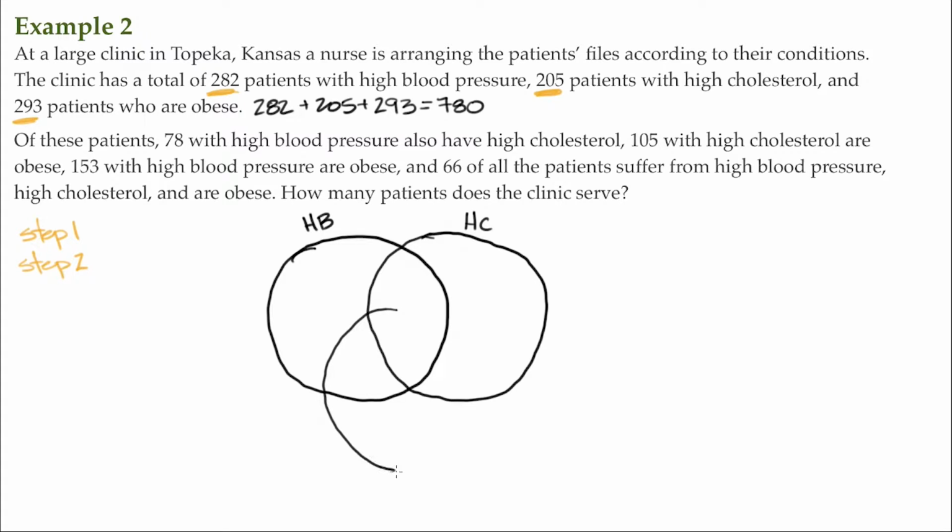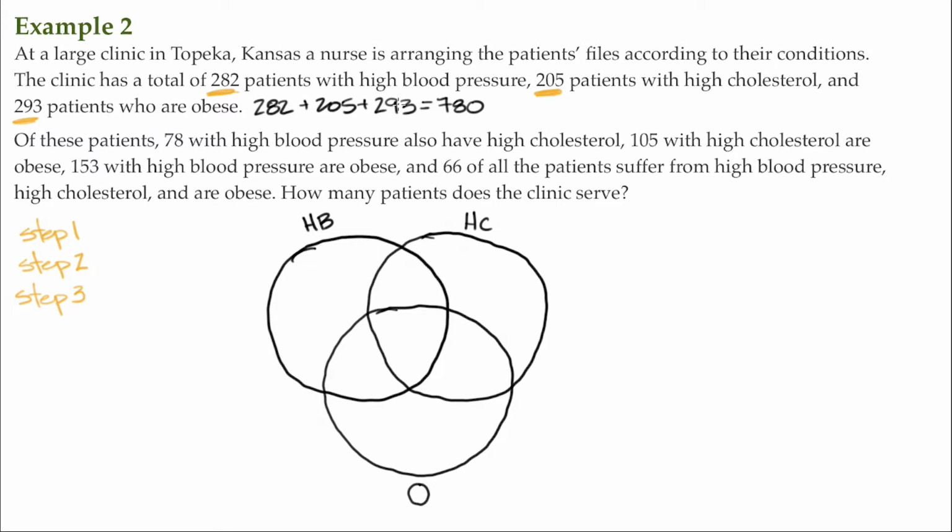This is the other group of patients, those who are obese, the 293 who are obese, and I'm just going to label that with an O. So we have our high blood pressure group, our high cholesterol group, our group who are obese, and they all overlap. So now this is where step three comes in, and that is to carry out your plan.